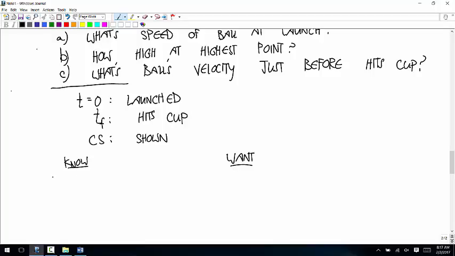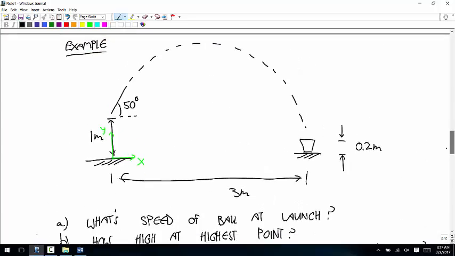So acceleration x is 0, acceleration y is negative 9.81. Do we know the position when time is equal to 0? Yeah. That's just the coordinates of the ball here. So it's going to be 0x, positive 1y.